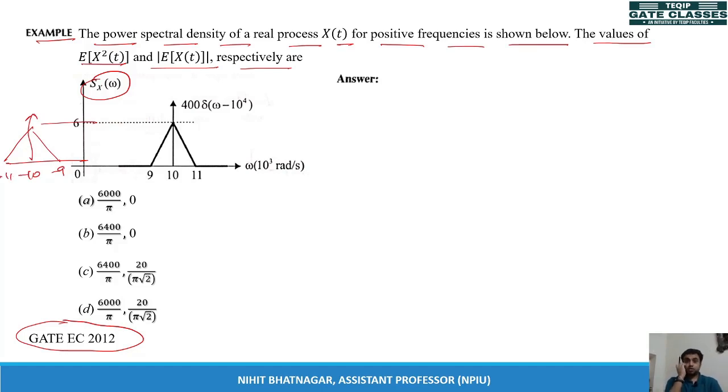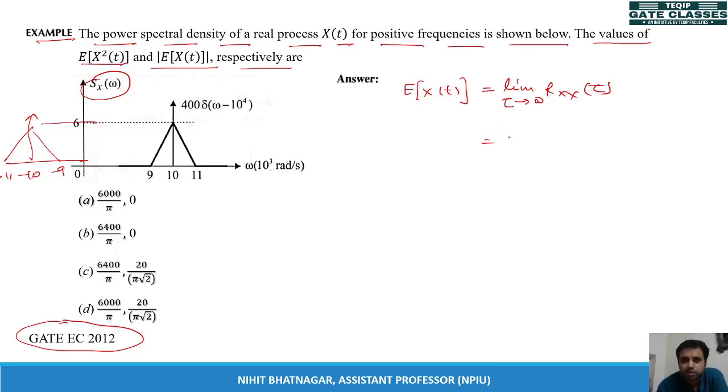Now first we have to find the expectation of x(t). That is equal to the limit as τ tends to infinity of Rxx(τ). Since τ tends to infinity, it means the final value theorem. You have to find the value at t equal to infinity.